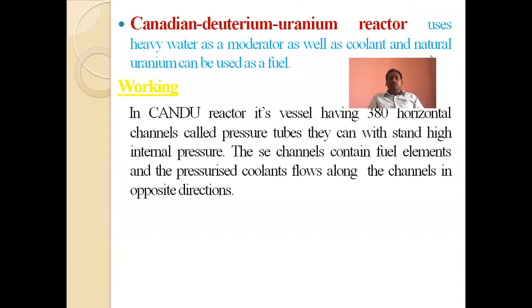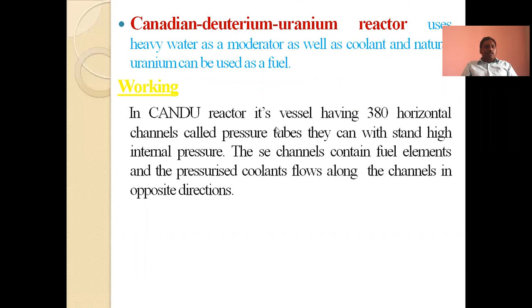Coming to its working, we have already discussed this. The CANDU reactor has horizontal channels, also called pressure tubes, nearly 380 horizontal pressure tubes, because they can withstand high internal pressure. The pressure in the CANDU reactor is high. These channels contain fuel elements, natural uranium.